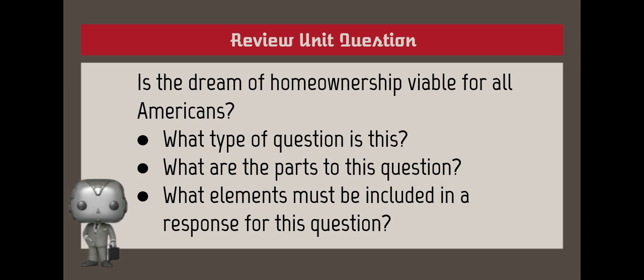You need to emphasize in your response and the supporting claims and explanations that are accurate, relevant, evidence-based, and logical. I'm going to give you about 5 minutes to discuss these questions about the unit question with your partner.